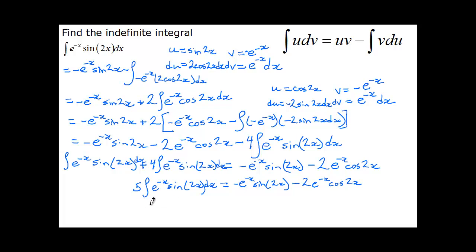So we end up with the integral of e to the minus x sine of 2x dx is going to equal 1/5, the dividing by 5, of all this. So we'll just put it in brackets. So that stayed the same, and we add plus c since it's an indefinite integral.